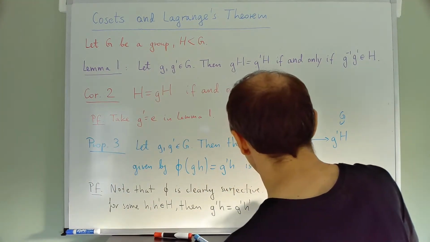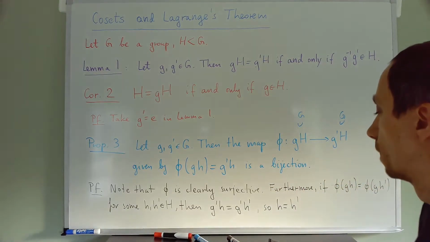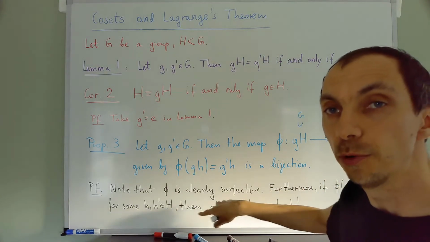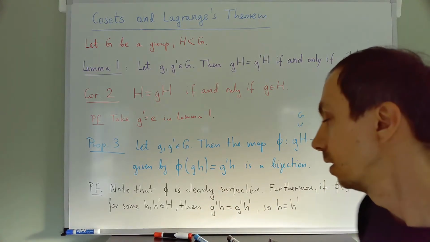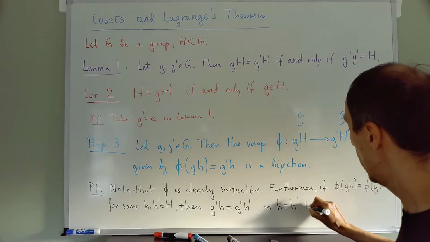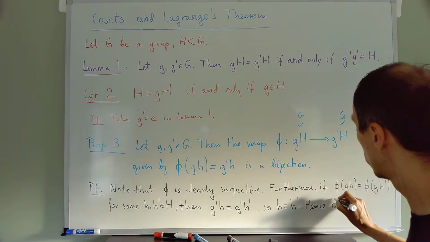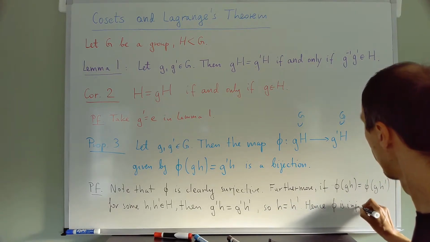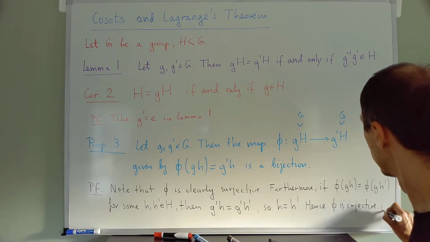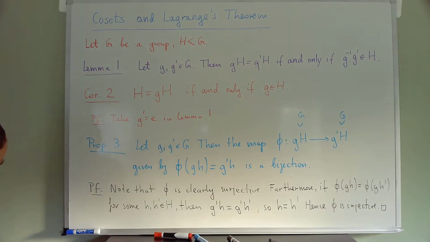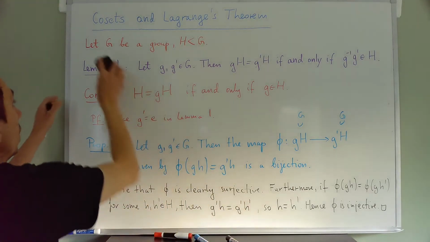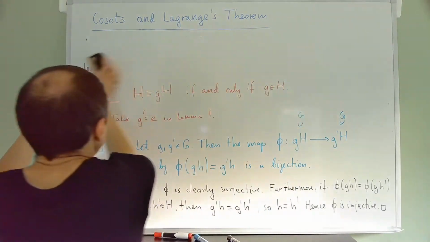So h is equal to h', because I can just multiply both sides of this equality by g inverse on the left, and I get h is equal to h'. Hence, phi is injective. So indeed, this map is a bijection. This tells me, in particular, that any two cosets have the same size.